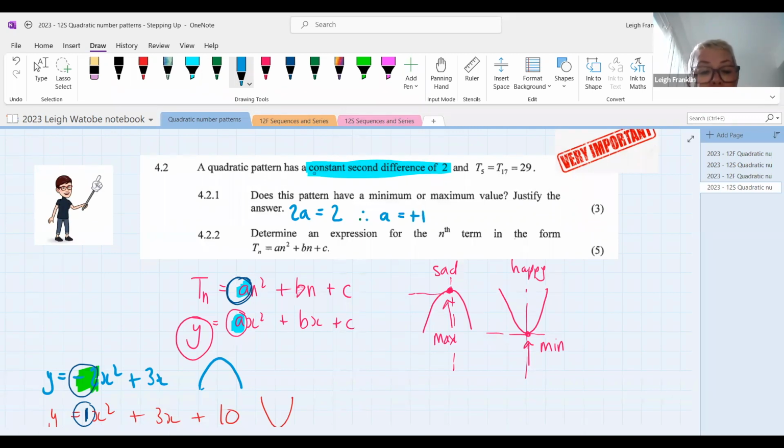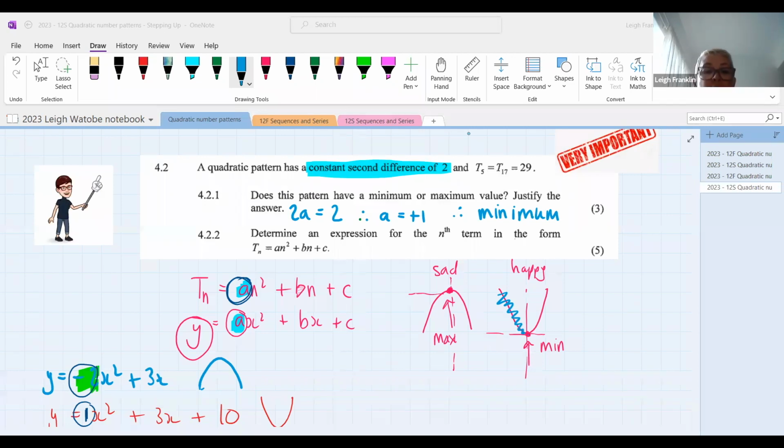So because it is equal to +1, this pattern would make a happy face, except obviously we wouldn't consider those unnatural numbers over there. We would only consider the counting numbers on this side, which means that it has to have a minimum and not a maximum. That's what I was trying to get at. It has to have a minimum, because A is positive.